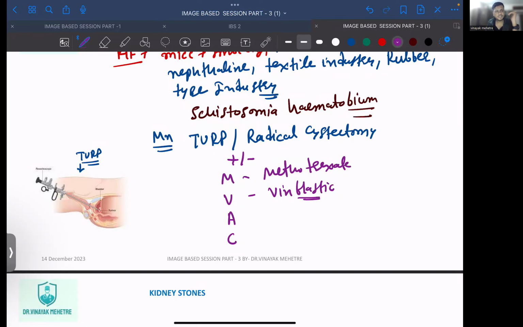Examiner is going to give, they will make the mnemonic themselves. It is vinblastine, not vincristine. Adriamycin. And C stands for your favorite drug, that is cisplatin. This is the MVAC.